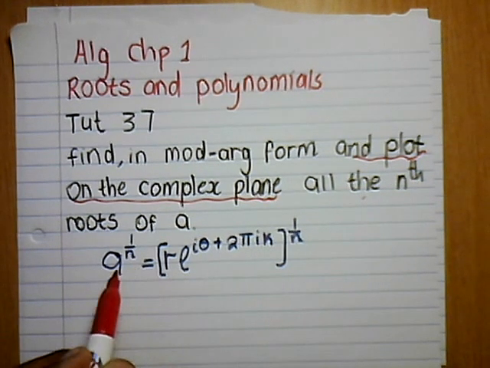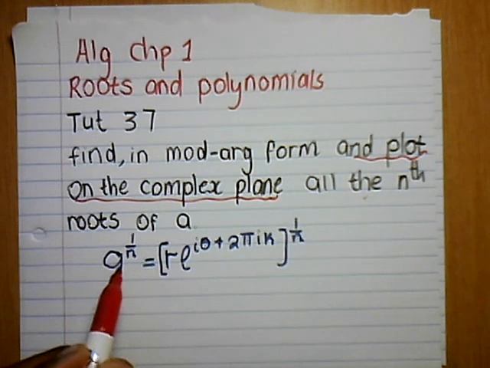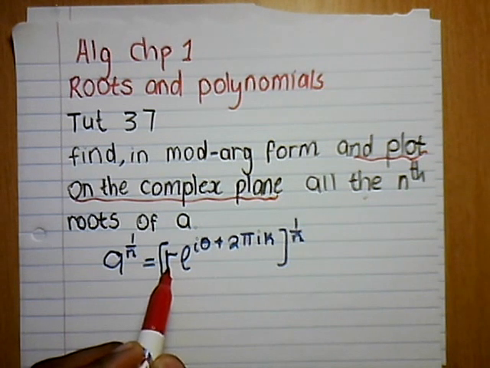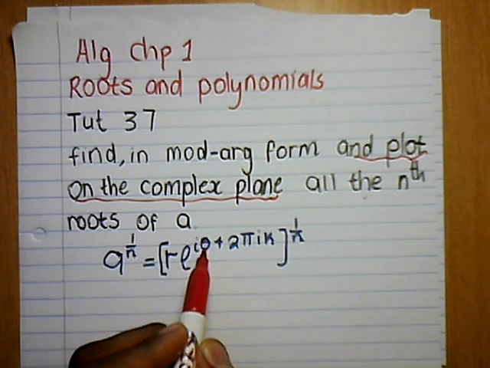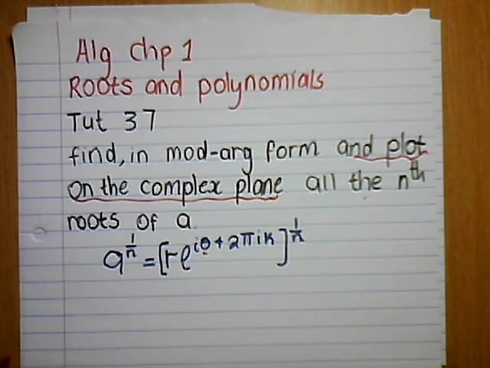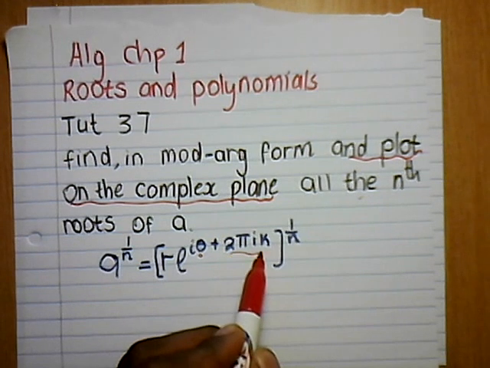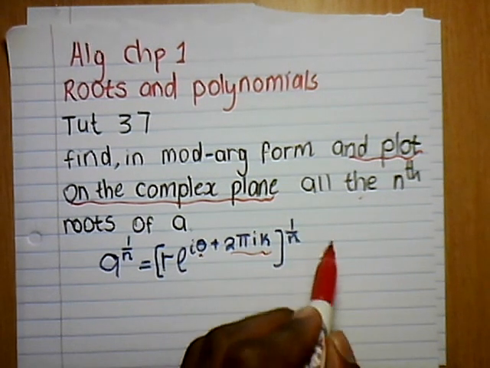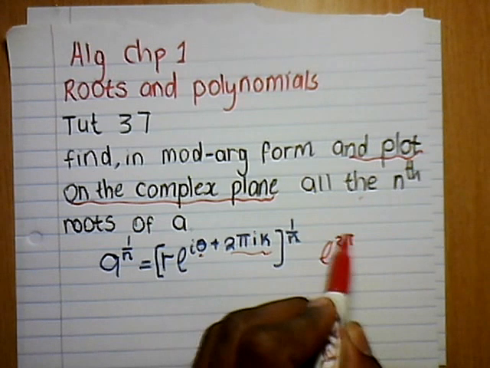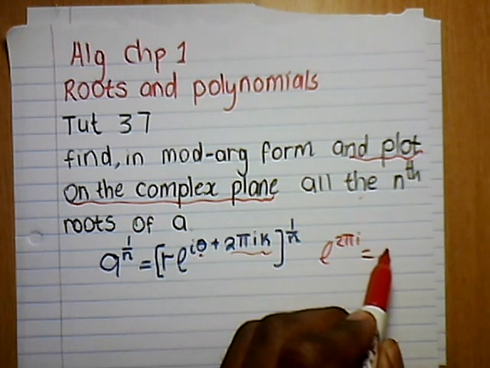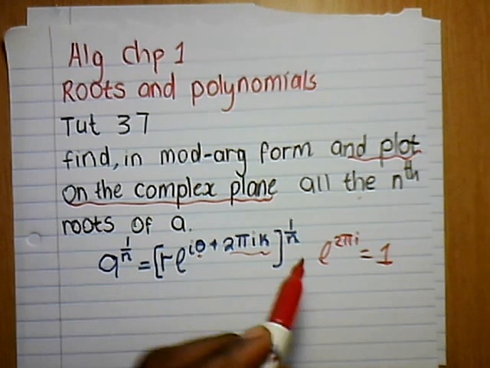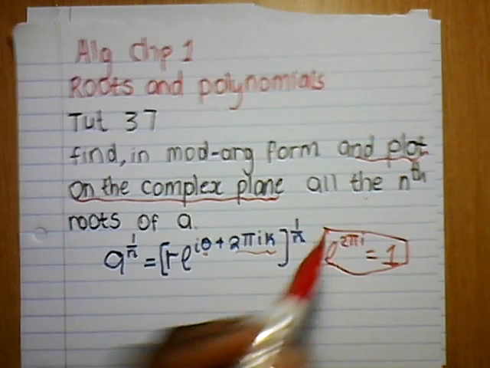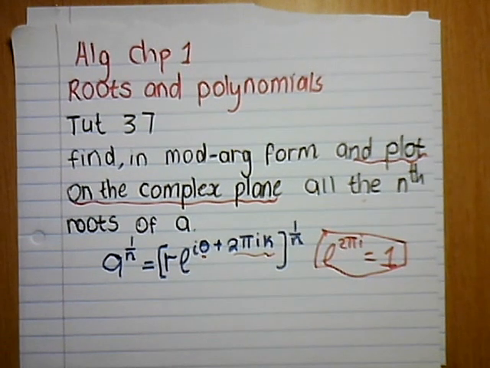R represents the modulus of a, theta represents the argument of a, and this term here is e to the power of 2 pi I, which we said is equal to 1. We said this when we were working on Euler's formula.